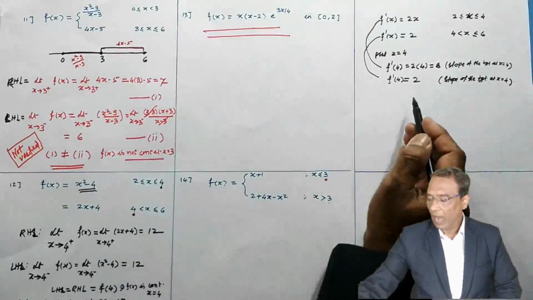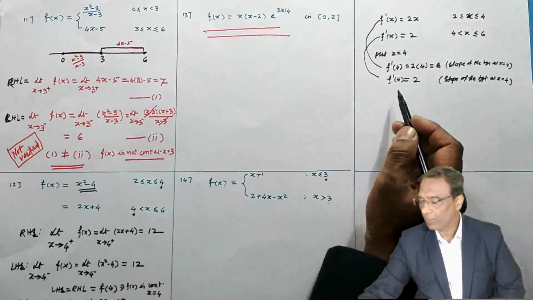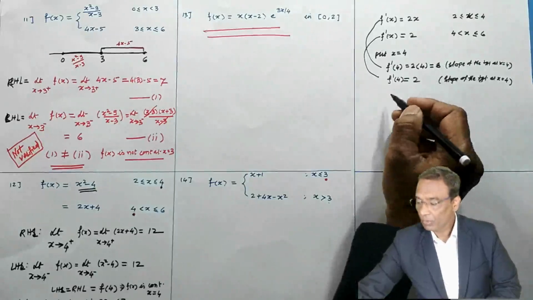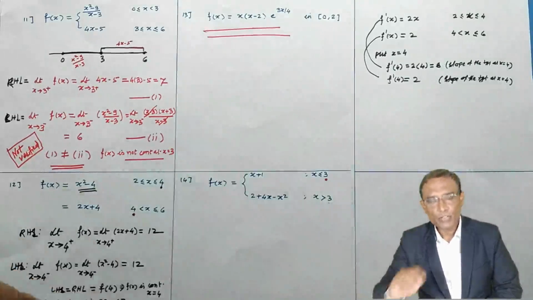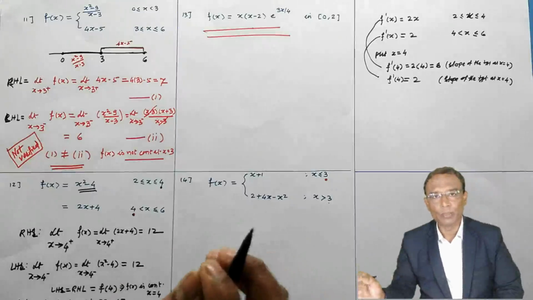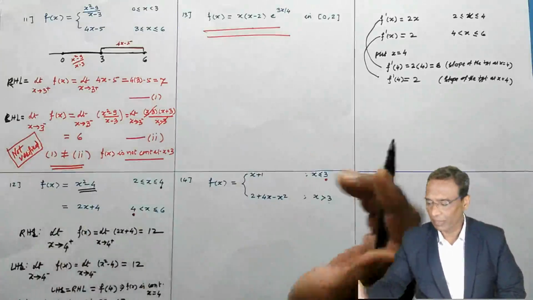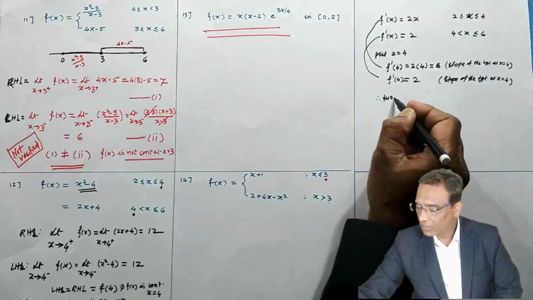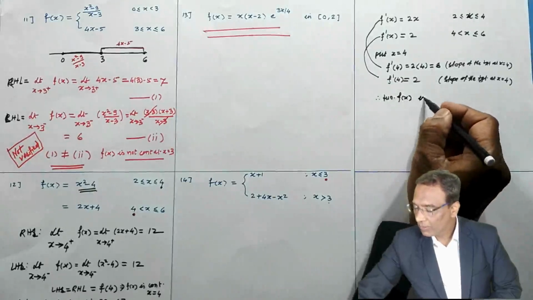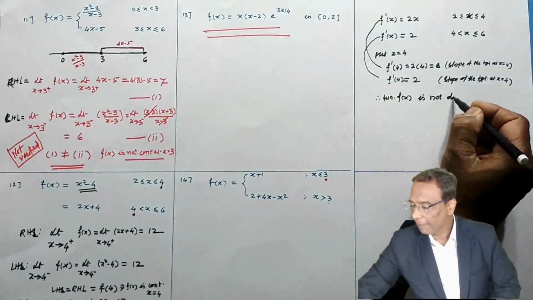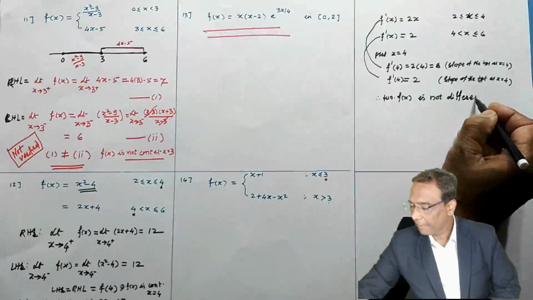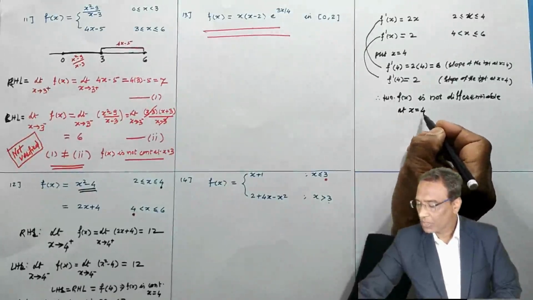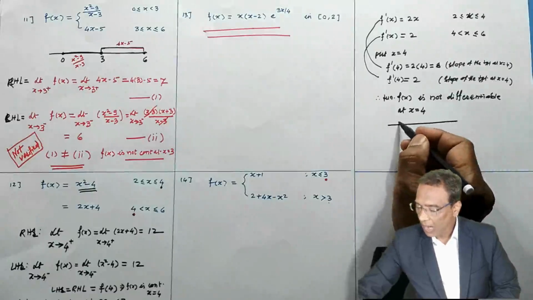At the same point, two different slopes are there. For differentiability, at each point we want a single slope. The slope should not be different. Here we have two different slopes at the same point. Therefore, the function f(x) is not differentiable at x equal to 4.